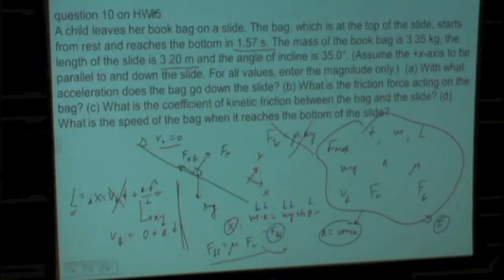And in this situation, the normal force is not equal to mg. In this situation, the normal force is equal to what? mg times cosine of theta. And because we know the frictional force and because we know the normal force, that answers the question about the coefficient.